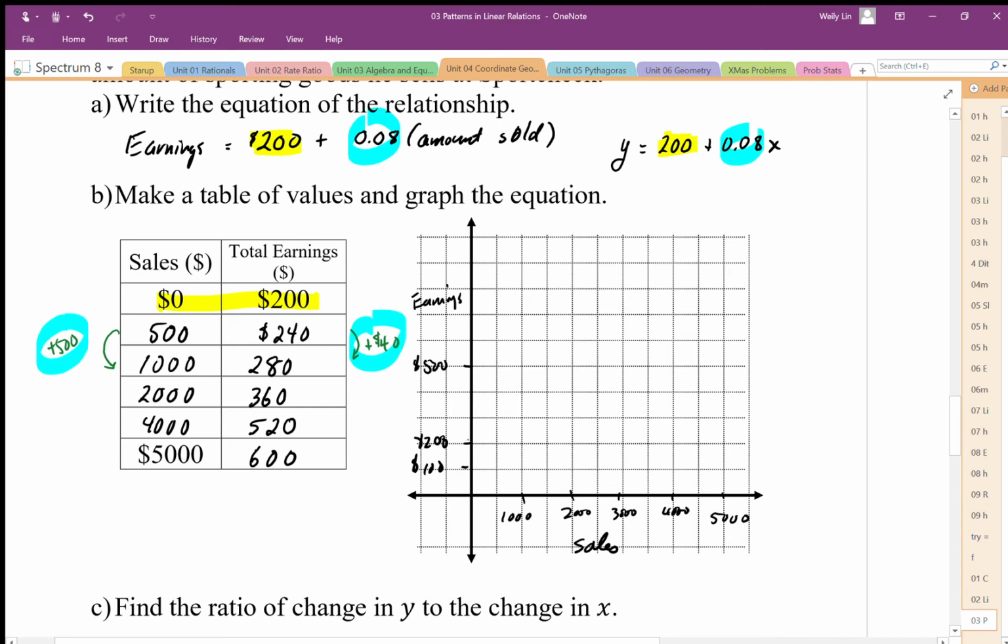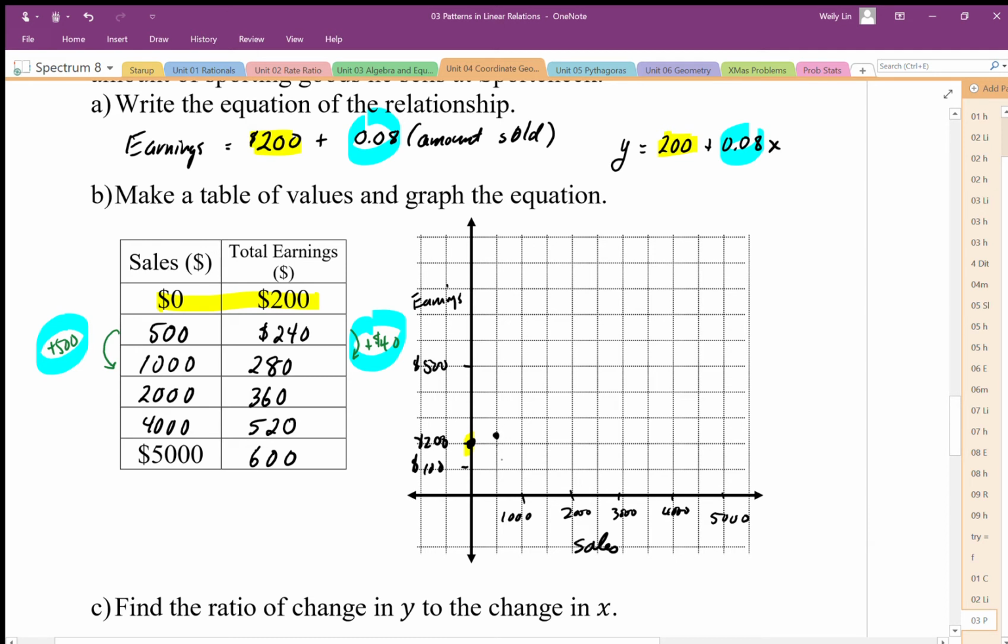We're starting at $200, so on my graph, this position is called the y-intercept. Then we're going to go up using this pattern of change. For every $500 we're going to go up $40, so $240 looks like it's right about there.